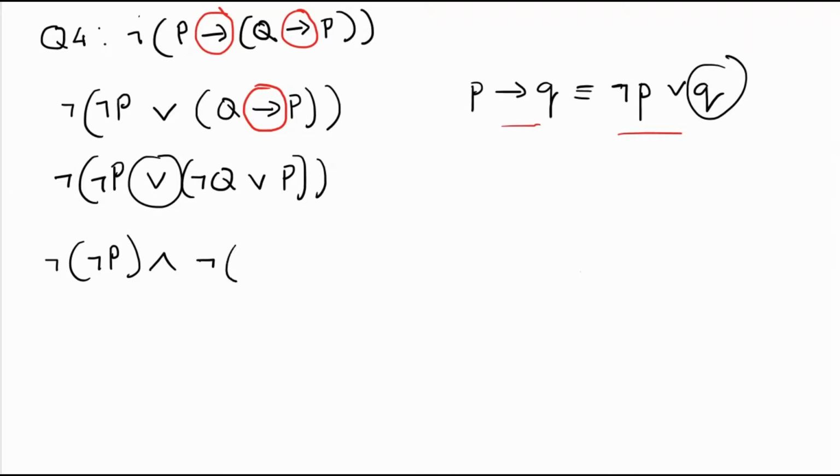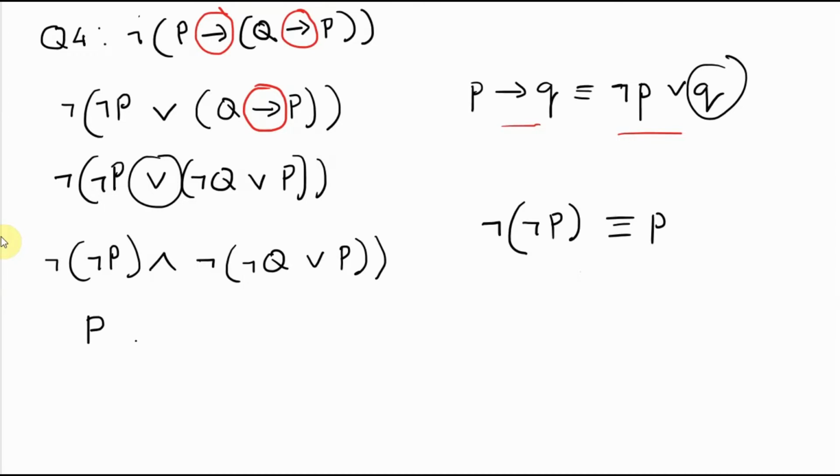So negation of not Q or P. Still the parenthesis is not opened, so it remains the same. Now there is something called the double negation law. The double negation law says that not of not P is equivalent to P itself. So we have here a double negation, and we use the double negation law and we get P.